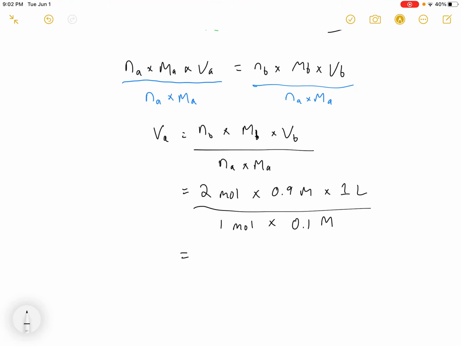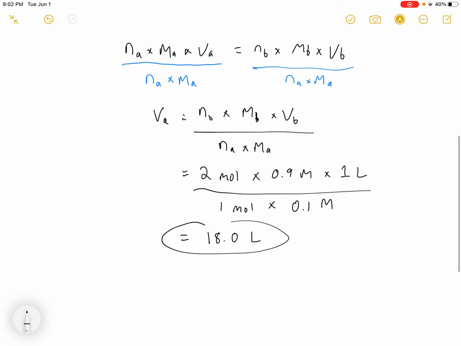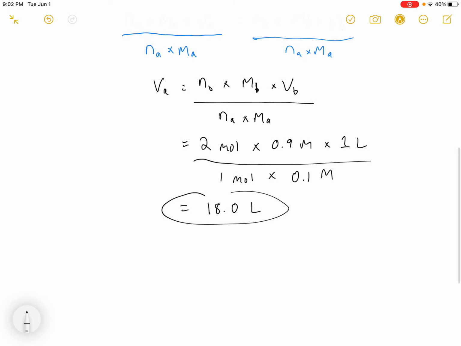Then we type all of that into our calculator, and it will return a value of approximately 18 liters. So 18 liters is the approximate amount of HCl that would be required to neutralize that given amount of barium hydroxide.